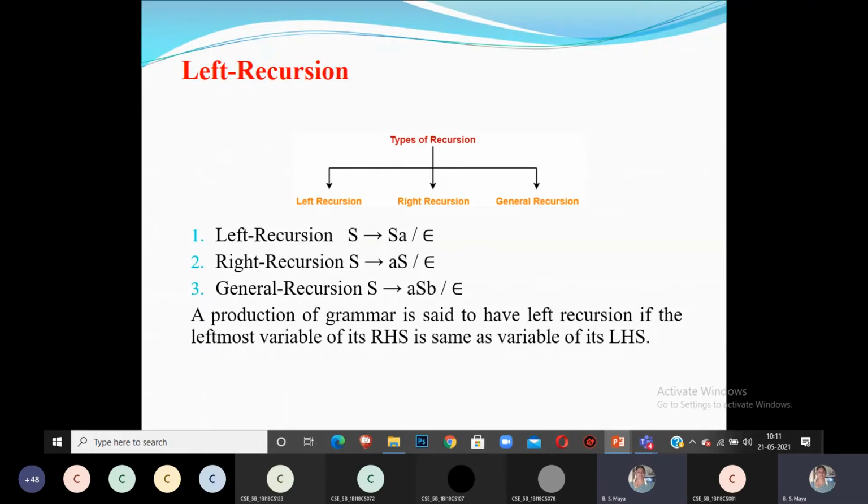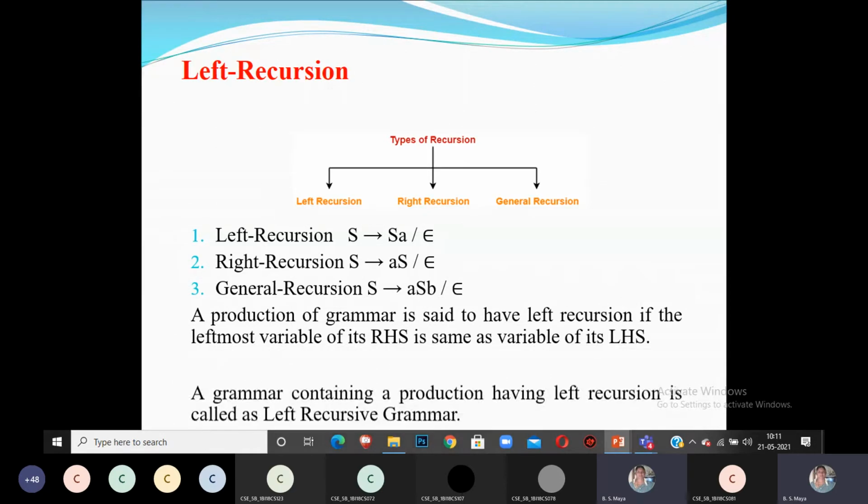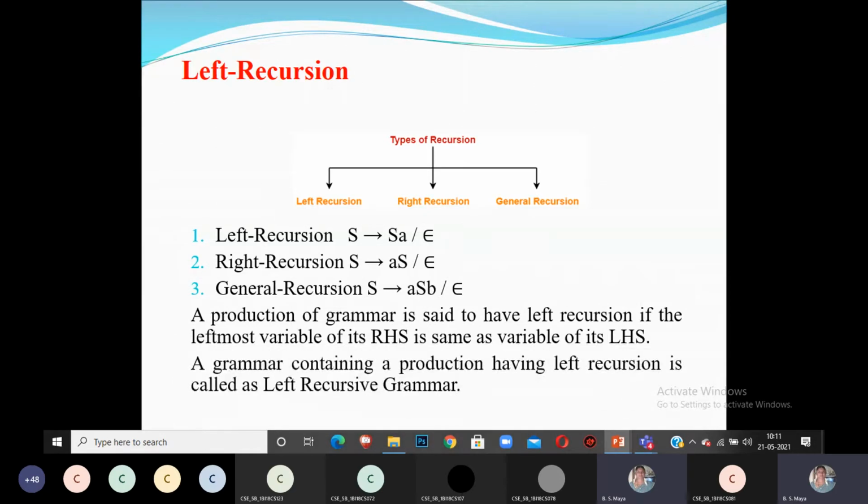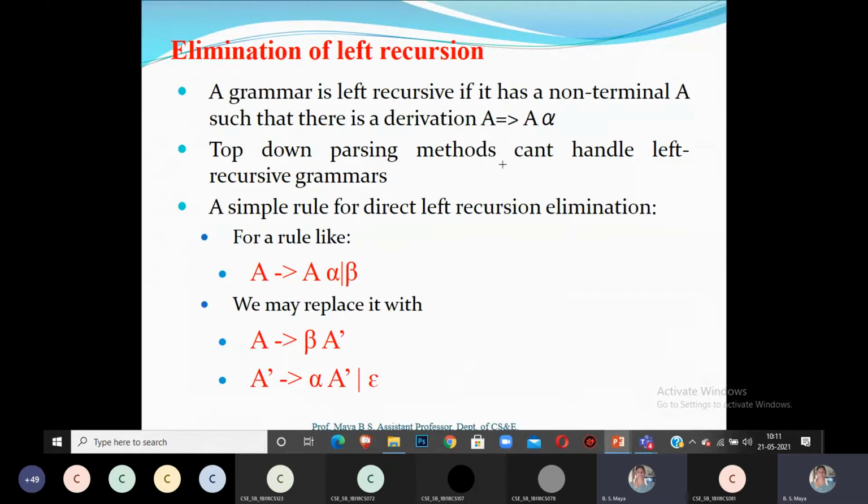A grammar containing a production having left recursion is called a left recursive grammar.